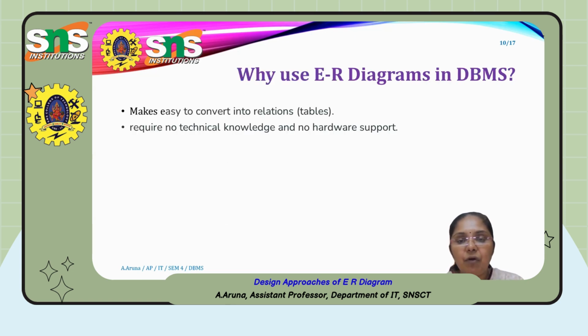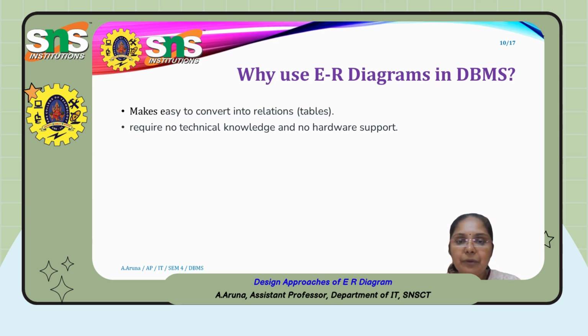Why do we go for an ER diagram in a DBMS? Why are we using the entity relationship model, when there are n number of models available? Here, we can easily convert our diagram into tables, because all the entities become tables, and all the attributes become columns of each table.